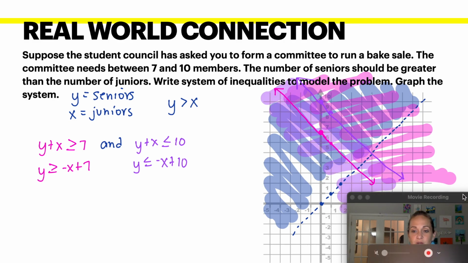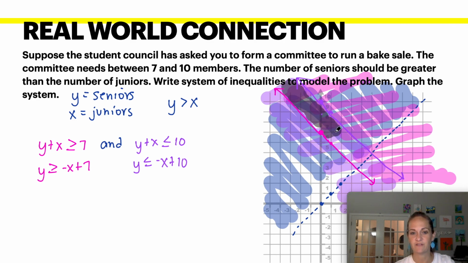So therefore, the amount of shading that overlaps is this very narrow passage.